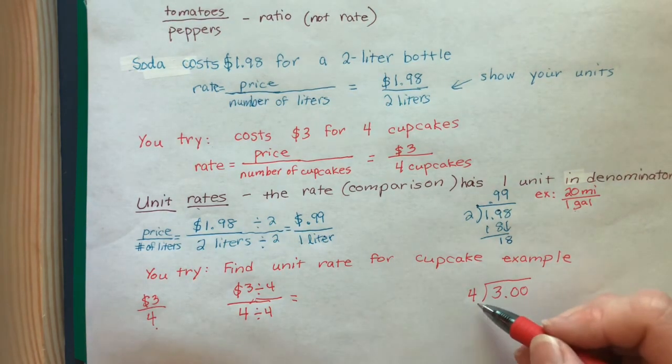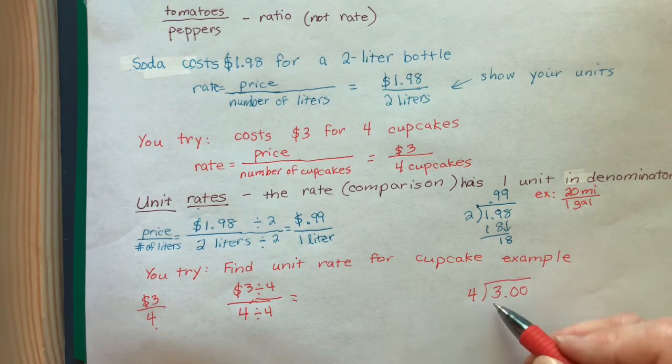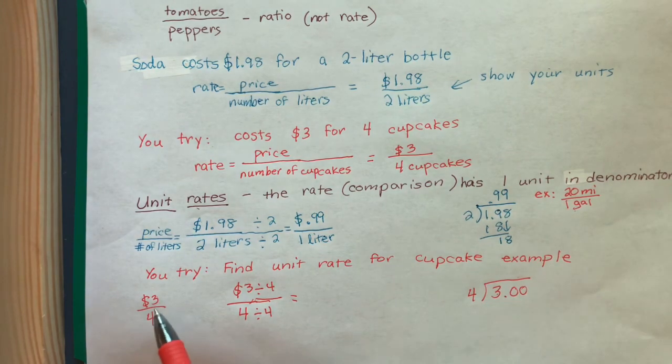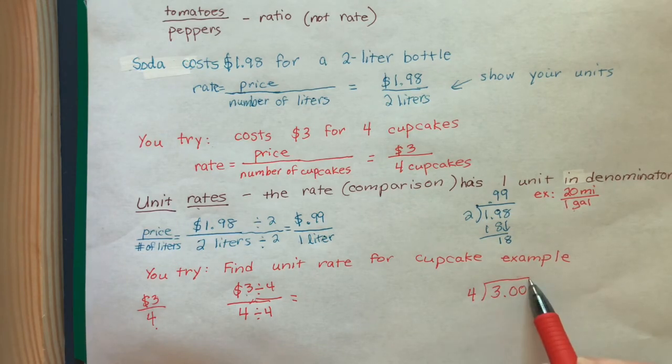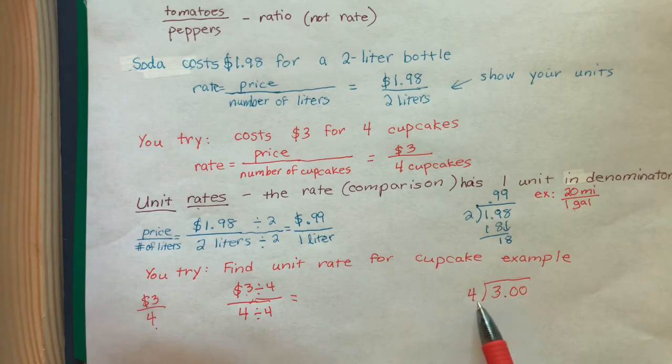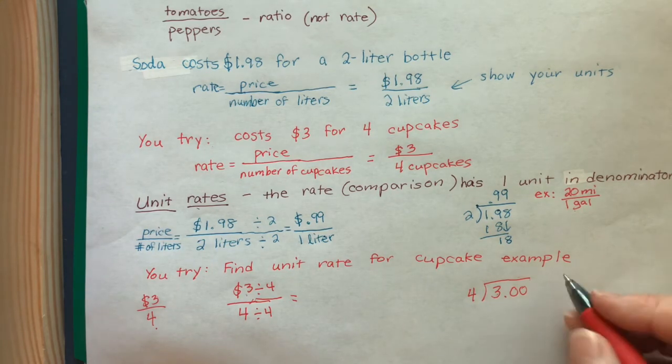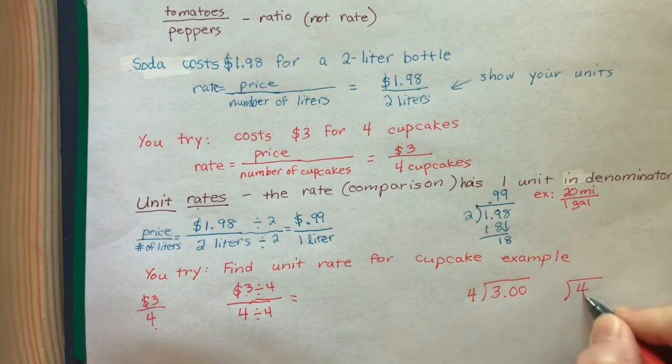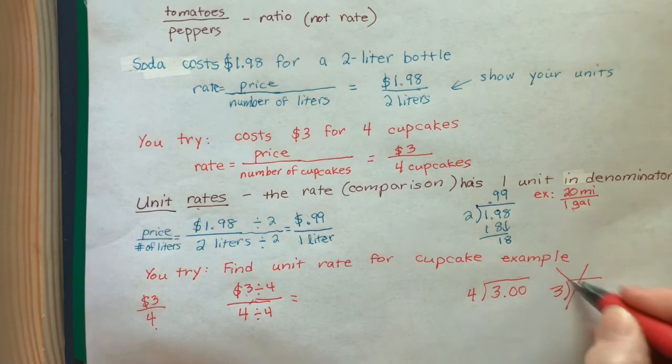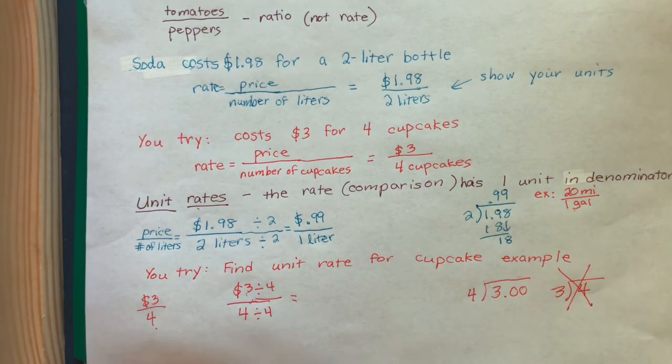Don't always put the larger number under this. You want to read it the way you're dividing it. 3, so you put that down first and then put this on top, divided by 4. A lot of people make the mistake of doing 4 divided by 3. You are not doing this. That is not correct, because we're doing 3 divided by 4.